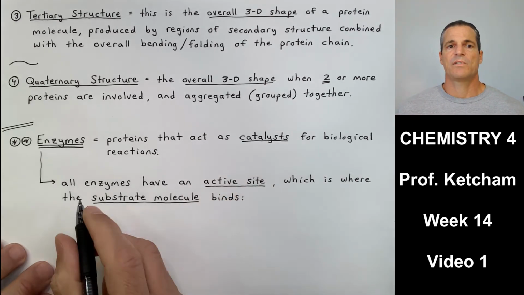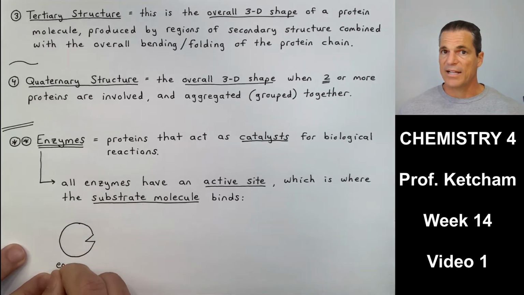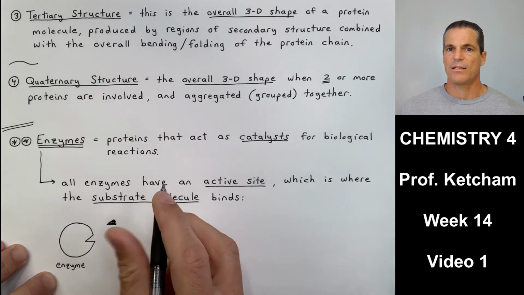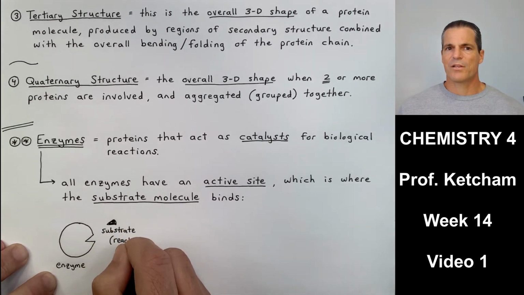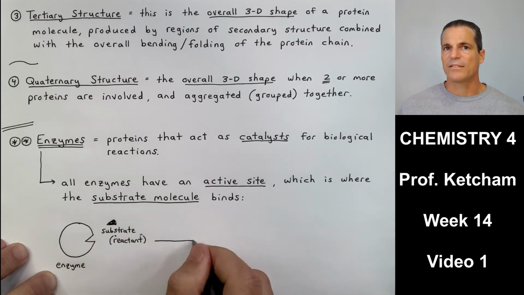So all enzymes have what's known as an active site. That's kind of like the hotspot or the epicenter of what's going to happen. All enzymes have an active site, and that's where the substrate molecule binds. The substrate molecule, we give it the symbol S, capital S, but it's really the reactant. Okay?